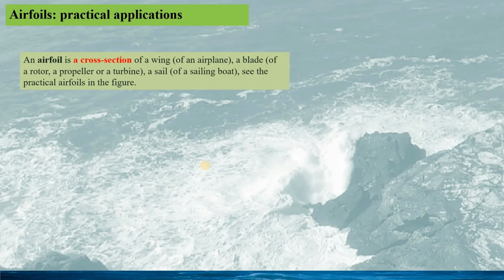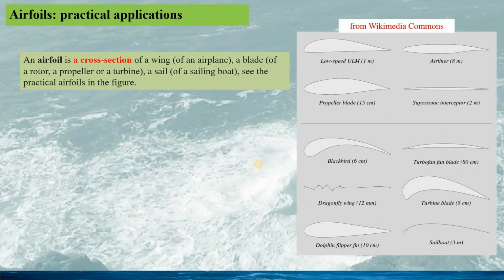An airfoil is a cross-section of a wing of an airplane, or of a blade of a rotor, or a propeller, or a turbine, and of a sail for a sailing boat. See the practical airfoils, different airfoils for different applications.